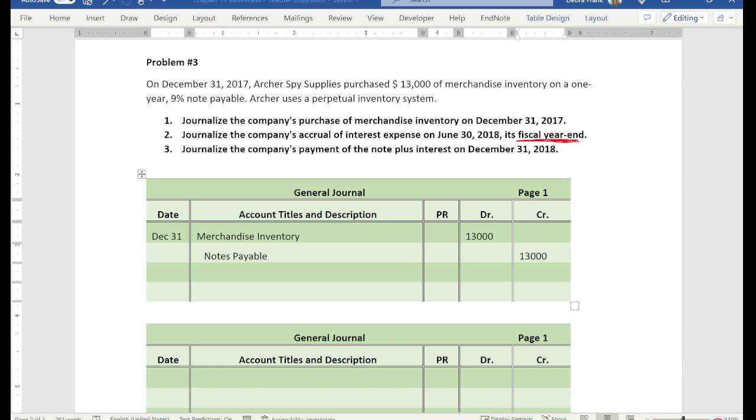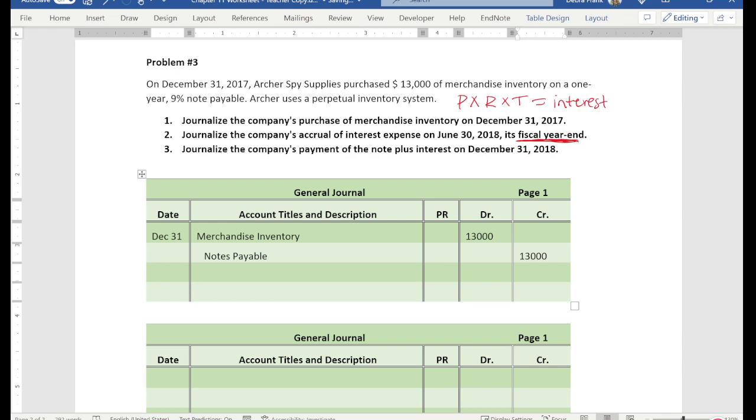So we have a formula that we can use. You probably learned this in a math class, and it was principal times rate times time. And that would give you your interest. Okay.